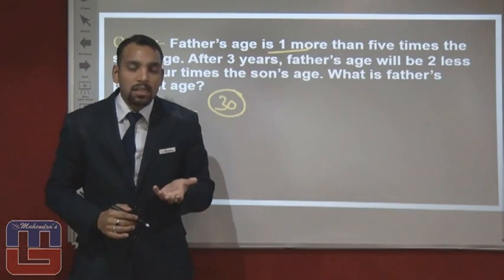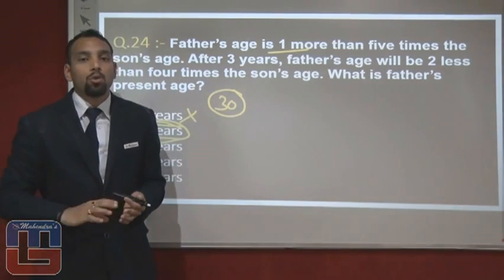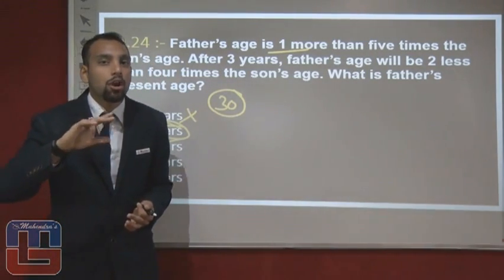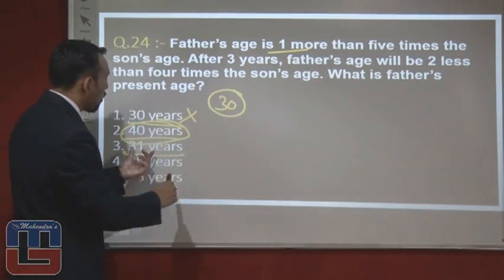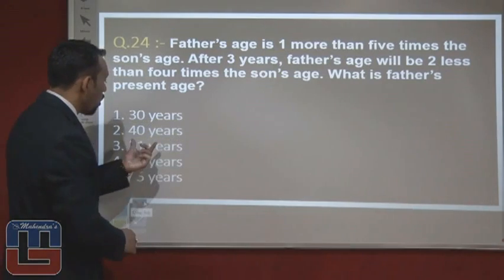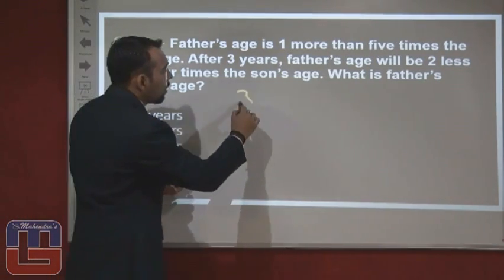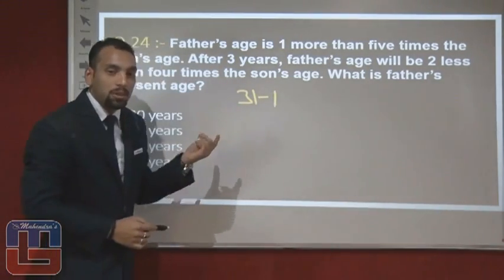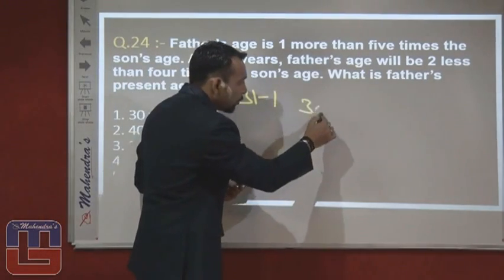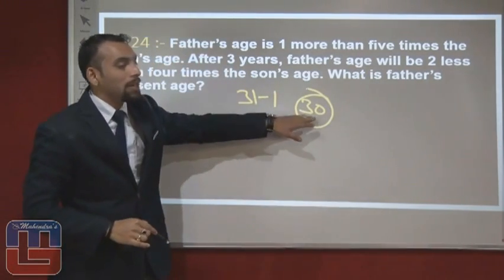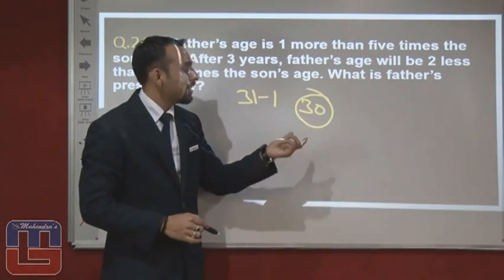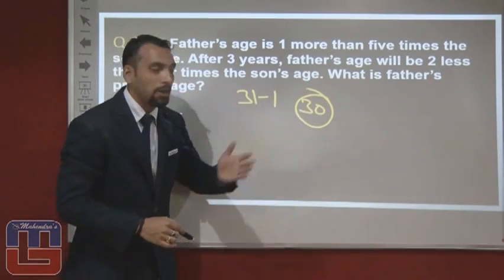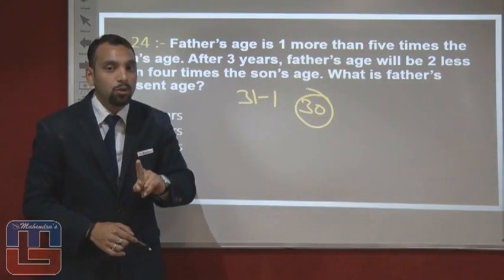Directly we can say that the age of the father will be a multiple of 5 plus 1. Now see, only the third option, 31. If you subtract 1 from 31, you will get 30, and it is a multiple of 5, or you can say that if you divide 30 by 5, you will get an accurate value.